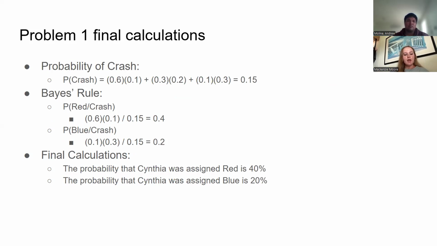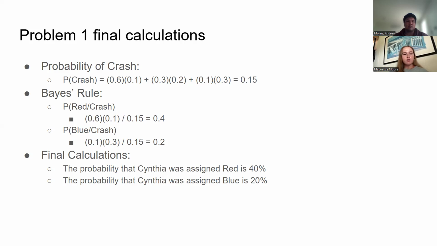Okay. And then for our final calculations, we have the probability of the crash is equal to 0.6 times 0.1 plus 0.3 times 0.2 plus 0.1 times 0.3 equals 0.15. So for the probability of the red crash, we have 0.6 times 0.1 and we get 0.4.